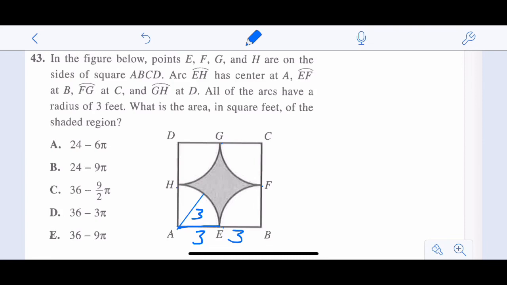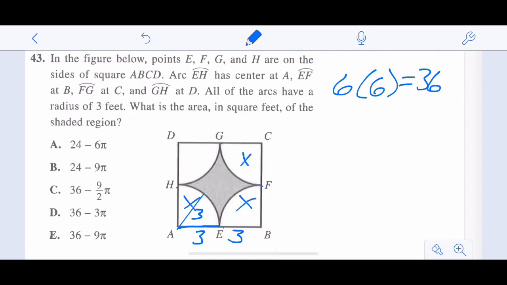So let's get the area of the square. 6 is one side times 6 of the other, which equals 36. So the whole area is 36. We then want to subtract the portions of each of these quarter circles, which make one full circle.